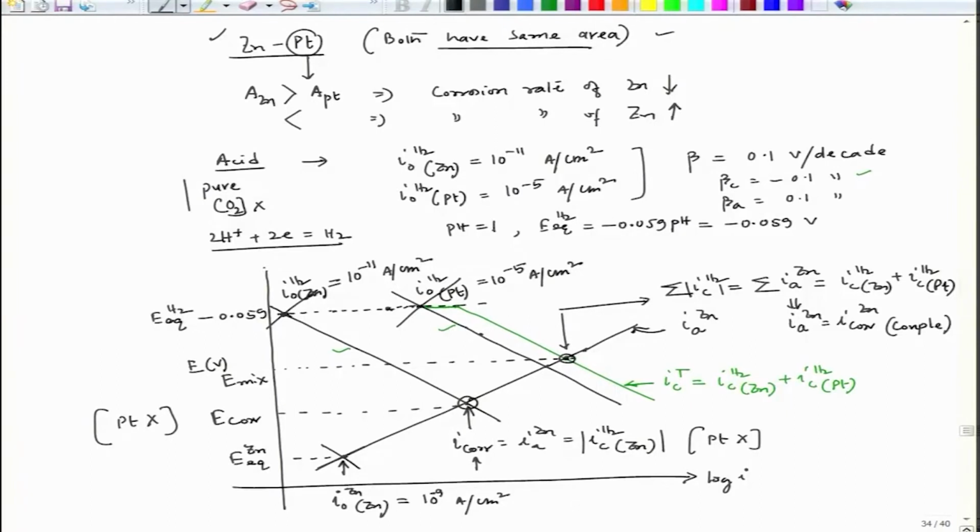So, it is very clear that if we connect any structural component to a noble component, and the exchange current density over the noble component of that cathodic reaction that is taking place in that particular electrochemical system is high, I will have much higher corrosion rate of that active component.